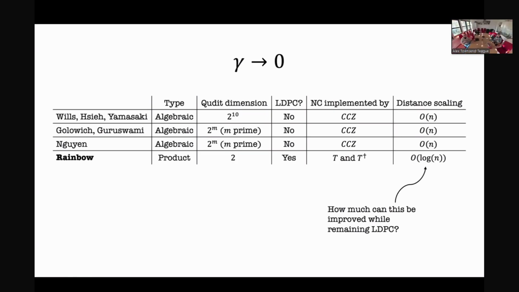And this is all in the gamma going to zero setting. Whereas there was previous work by Hastings and Haah that had a pretty small value of gamma, but not zero. Yeah, 0.6 something. But in the end, that's what this means: what the actual overhead is that you would get in a practical, realistic protocol.